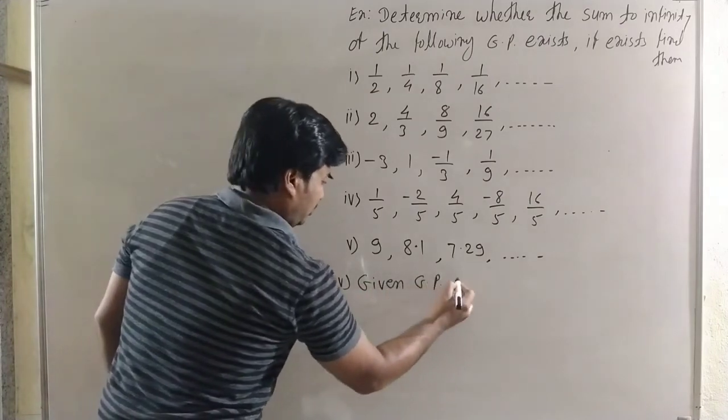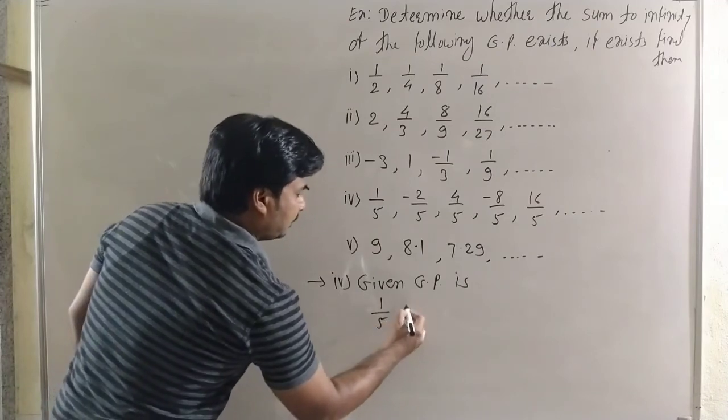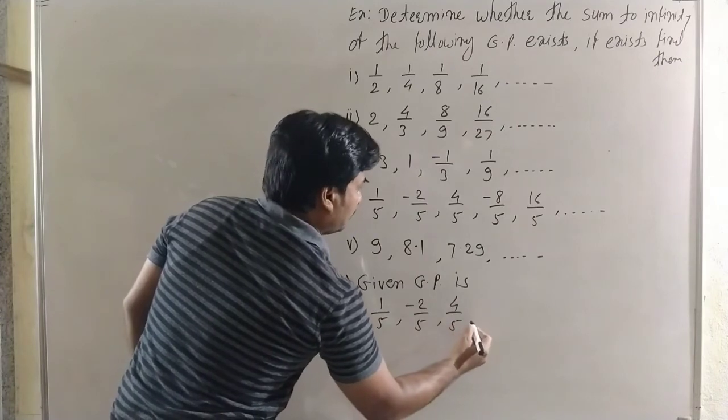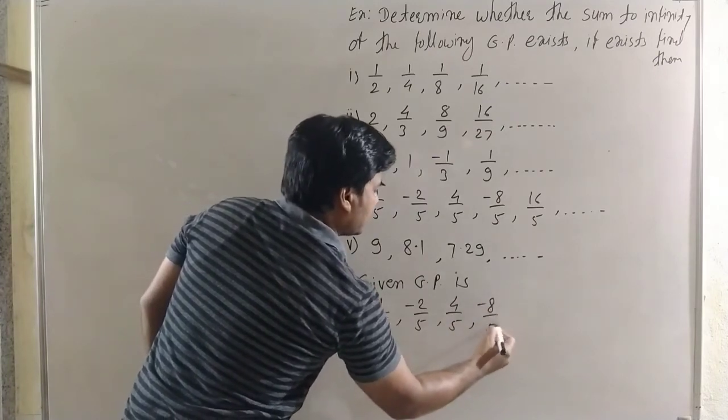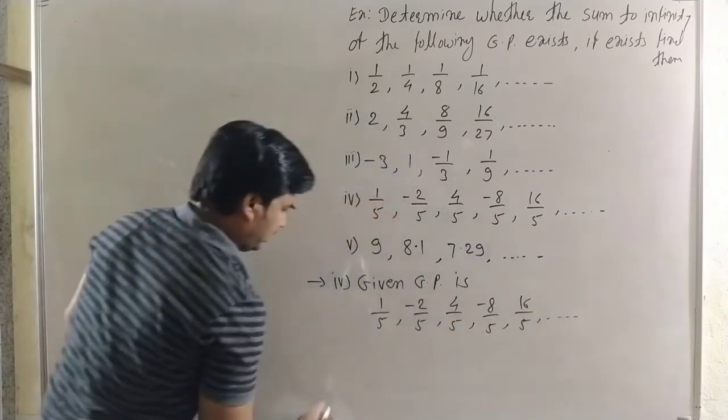The given geometric progression is 1/5, -2/5, 4/5, -8/5, 16/5, up to infinity.